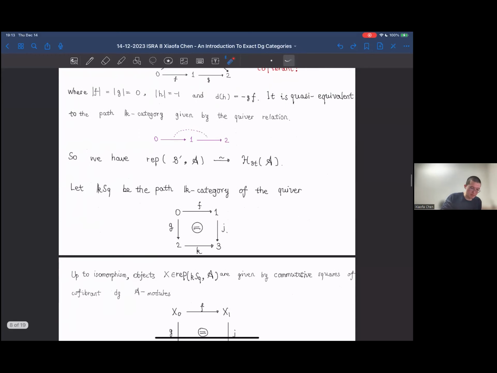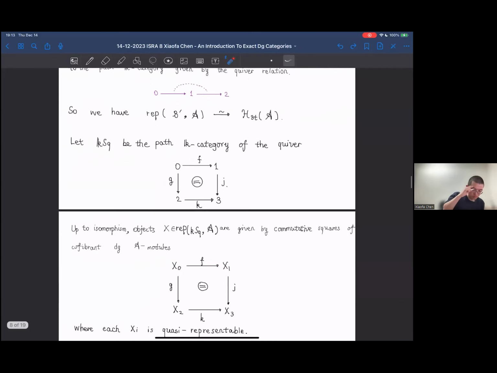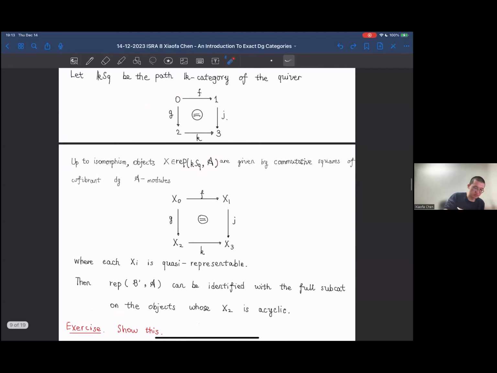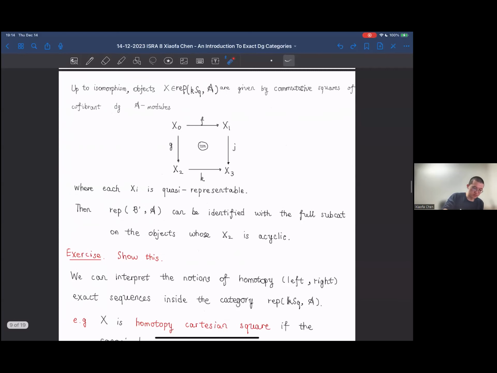So up to isomorphism, objects in the Rep from k squared to A will be given by a square of DG A-modules, such that each xi is a quasi-representable DG A-module.